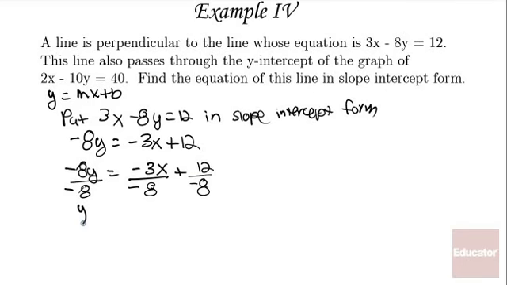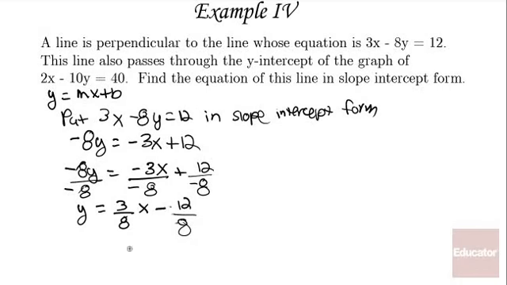These two cancel out, so now I have y equals 3/8 x plus 12 over negative 8, or we could just simply say minus 12 over 8.